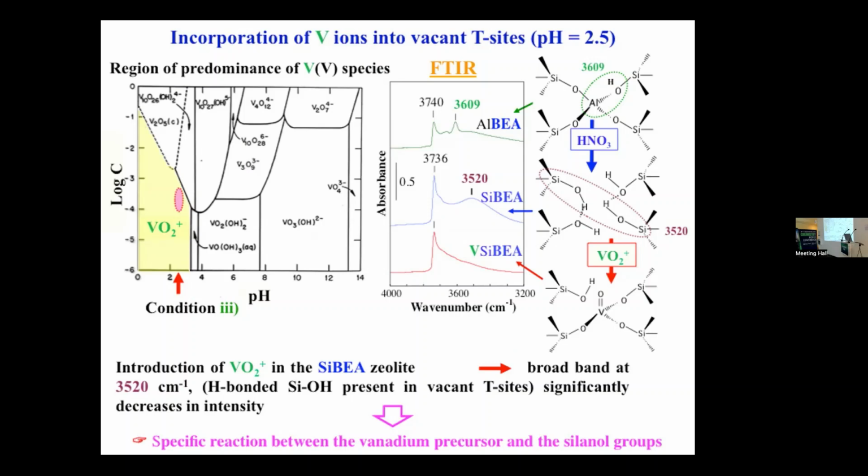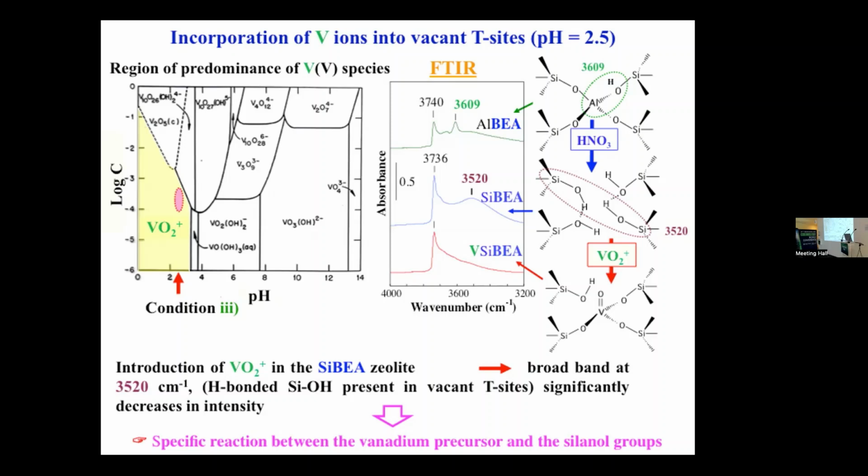So there are several possibilities. For us, this is not interesting because we have different kinds of vanadium species, in particular polynuclear vanadium species, which can be difficult to incorporate in the framework position of the zeolite.